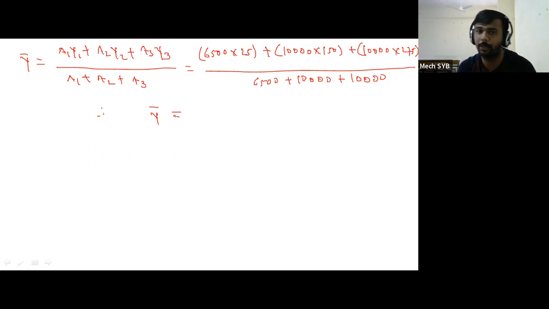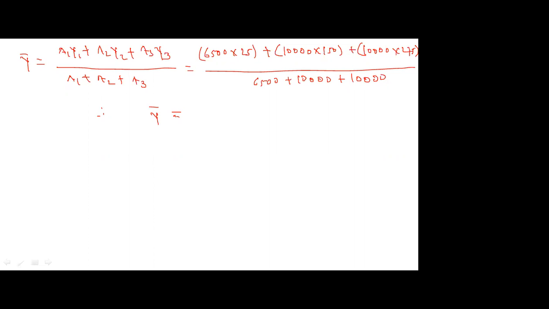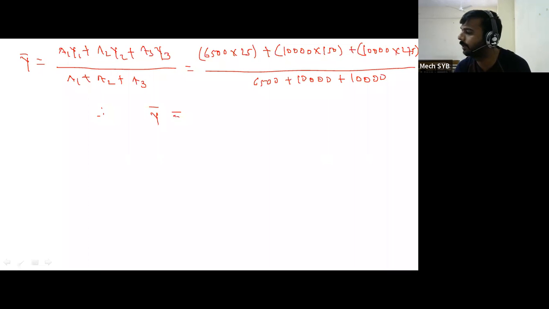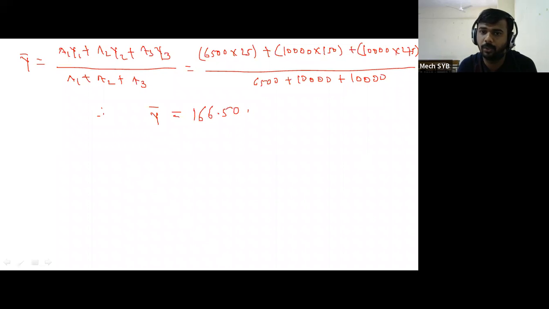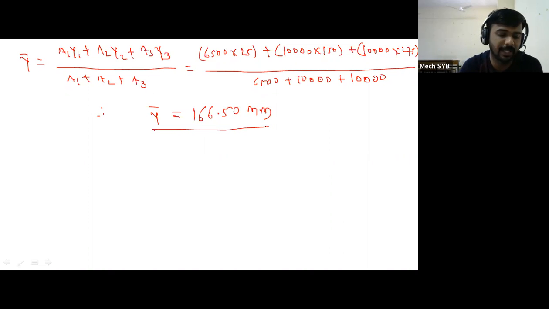So what is the Y bar value? Do the calculation and send me the answers. 166.509. 166.5 mm. Please check your answers and send me the answers in the chat box.